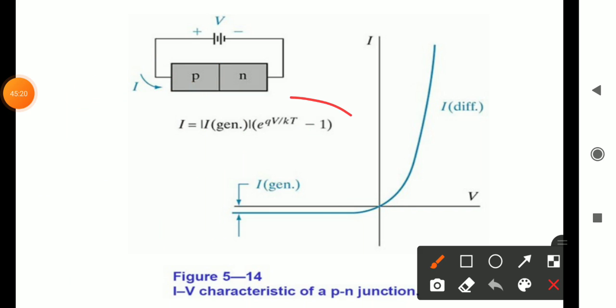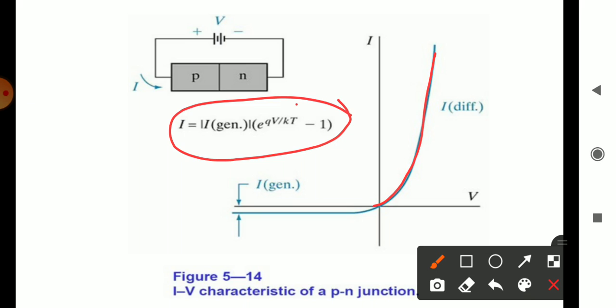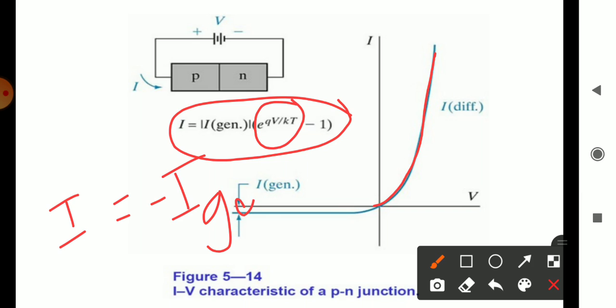So this is the equation for the current flowing in the PN junction. If V is positive, this is an exponentially varying current. If V is negative, this term is very negligible, so I equals minus I gen, that is minus I generation current.